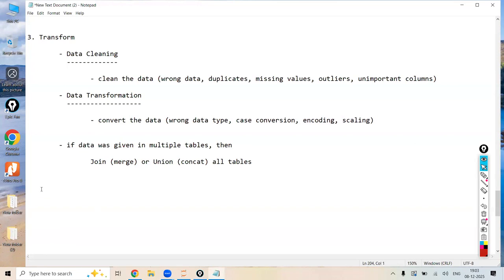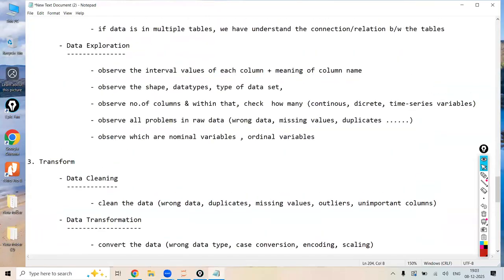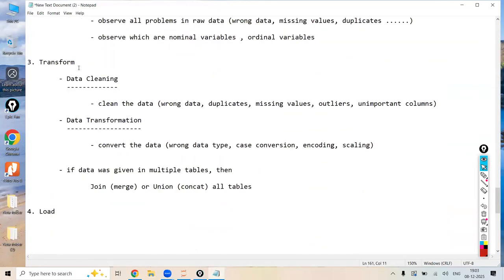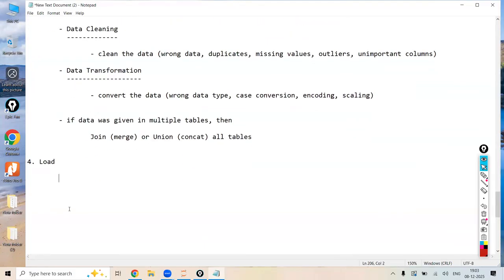And finally, the fourth one is load. So it is ETL: extract, transform, and load. Now what do you have to load? The cleaned and transformed data.